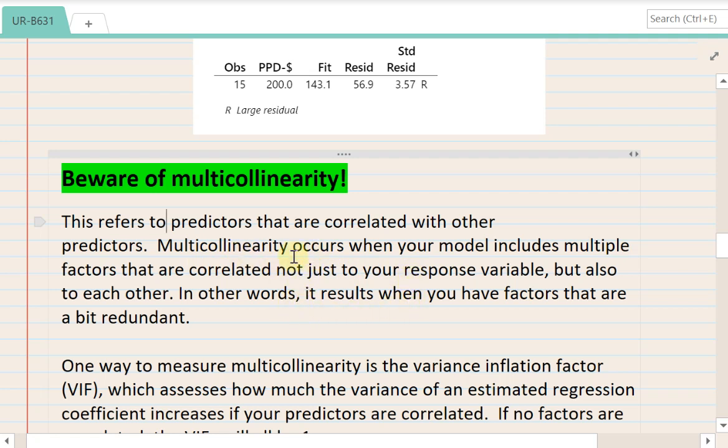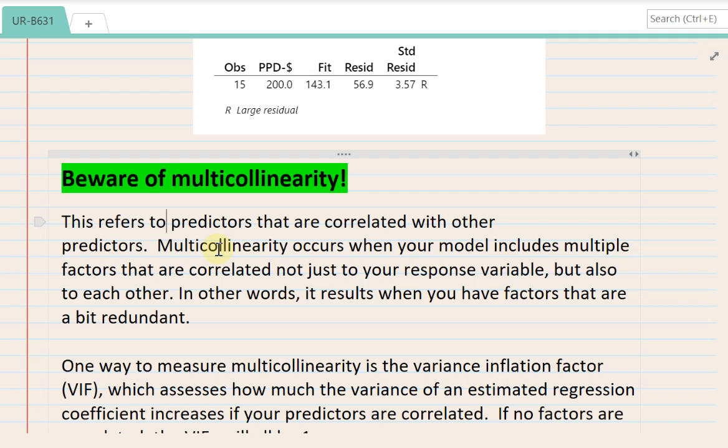Well, this happens when, again, you have duplicate efforts in some variables. So for example, if you look at, I don't know, your arm circumference and your forearm circumference, let's say there may be some kind of correlation between them. The correlation between them means the bigger the arm, the bigger the forearm.